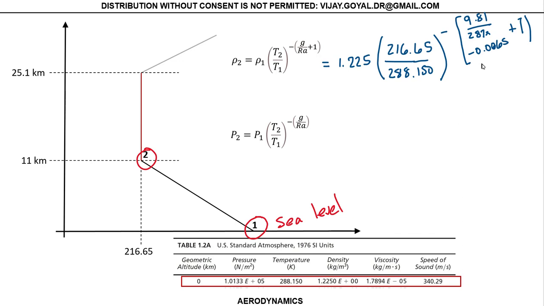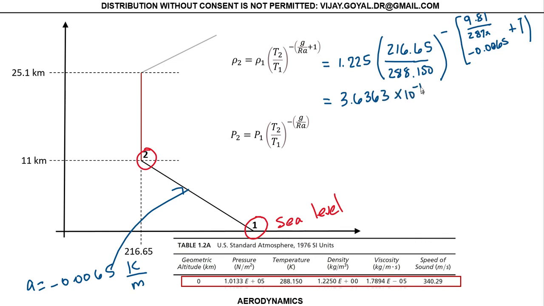And just remember, I mentioned before that the slope here, a, is equal to minus 0.0065 Kelvin per meter. You don't have to convert this to kilometers. Okay, so if I solve for the density now at 11, you're going to see that you get a density of 3.6363 times 10 to the minus 1, with units of kilograms per cubic meter.